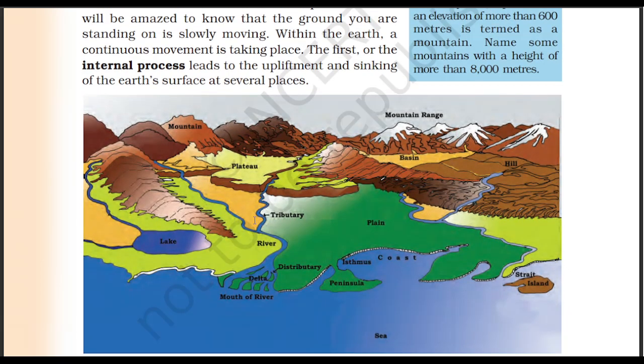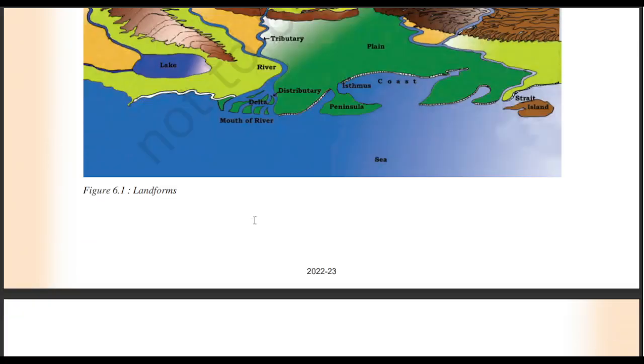It means the earth is not stable, it is moving, and the continents are not stable. All these continental movements mean the crust of the earth is movable all the time.